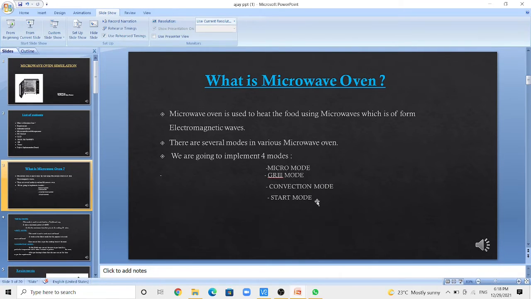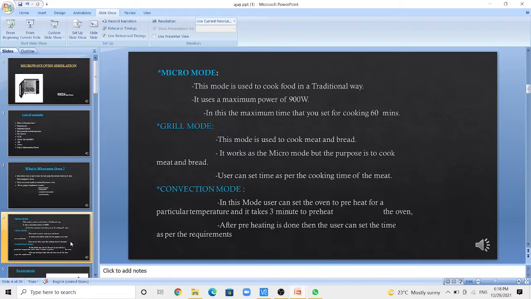To understand these four modes, let us go to the next slides, where I can explain them briefly. First, micro mode. This mode is used to cook food in a traditional way, so this mode is useful to cook food.